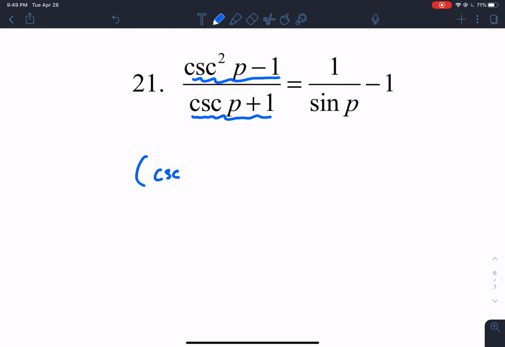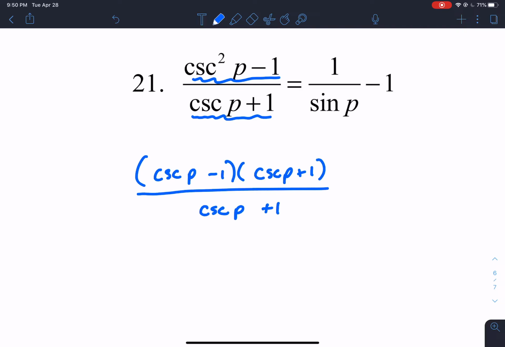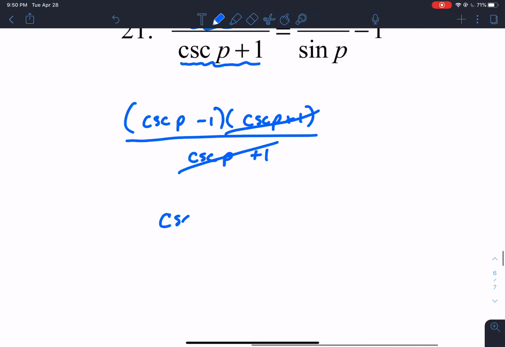So if you factor the top, you got cosecant minus 1, cosecant plus 1 over cosecant plus 1, which cancels. And then you got cosecant minus 1, which is 1 over sine minus 1.